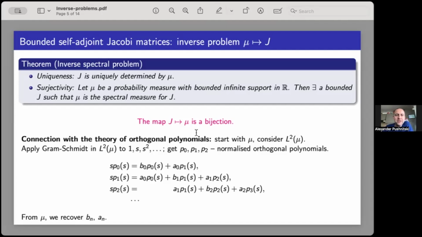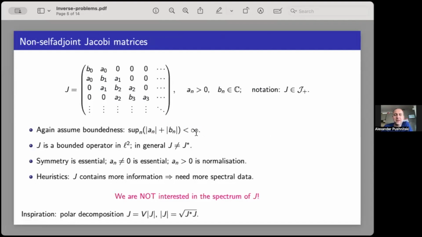So I've described the classical self-adjoint inverse problem. Now I'm going to the main topic of the talk, the non-self-adjoint Jacobi matrices and the problem for them. This is the same matrix, the same picture as before, but we have different conditions on the coefficients A and B. The A's are still positive, but the B's we allow to be complex.